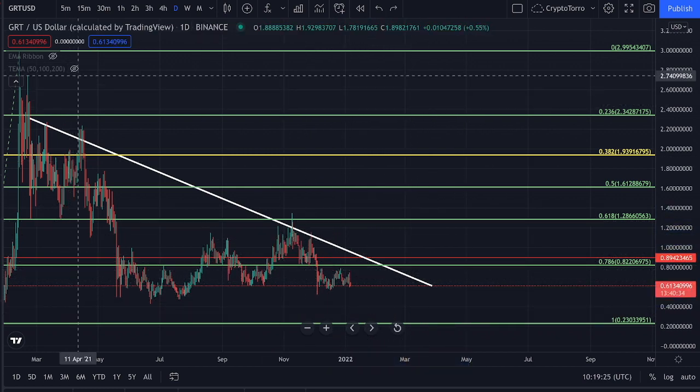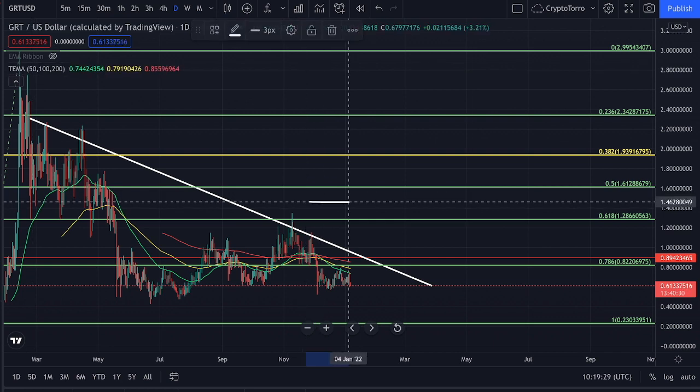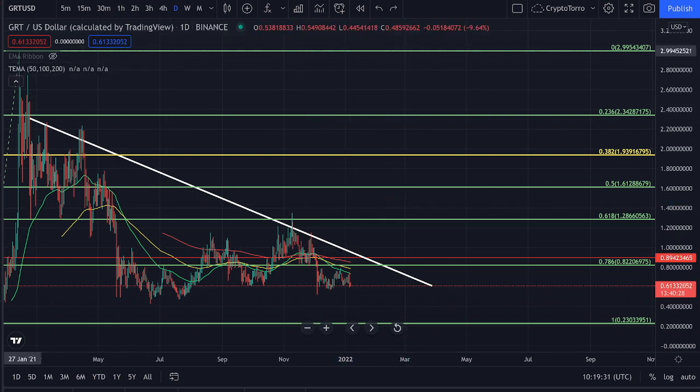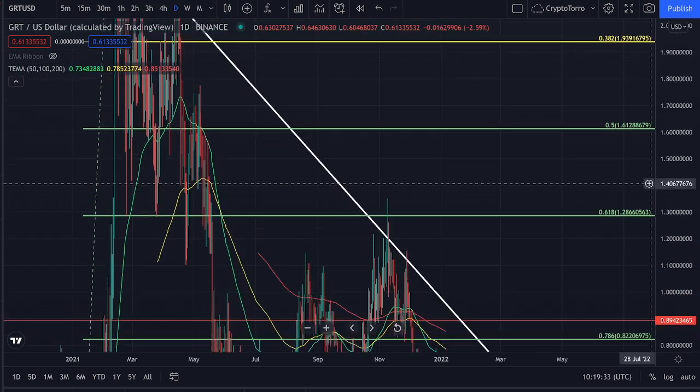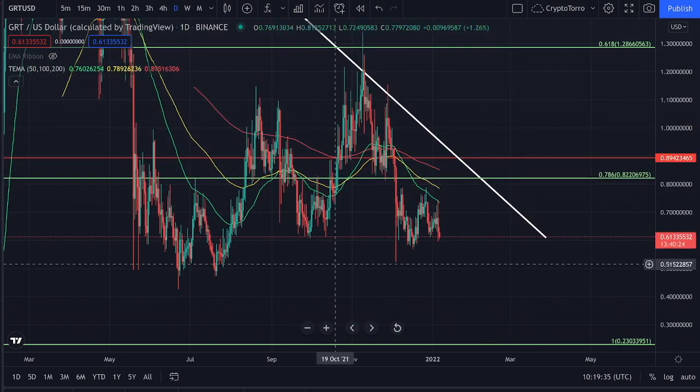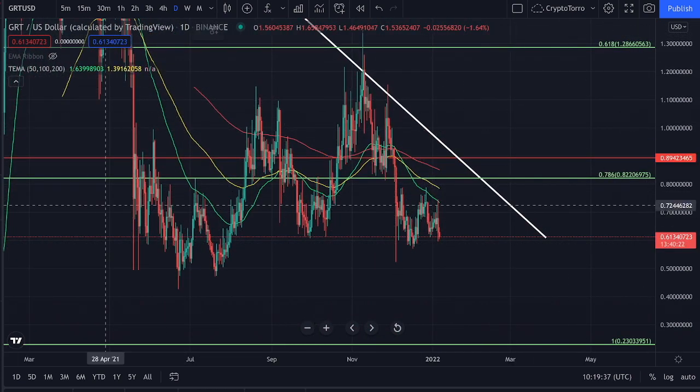If I enable the triple moving averages, the 50-day, 100-day, and 200-day moving average, and zoom a bit closer, you can see they are all three serving as a level of resistance above us.